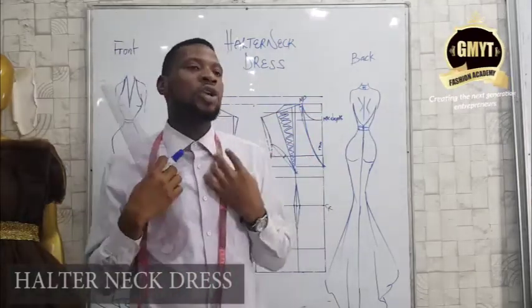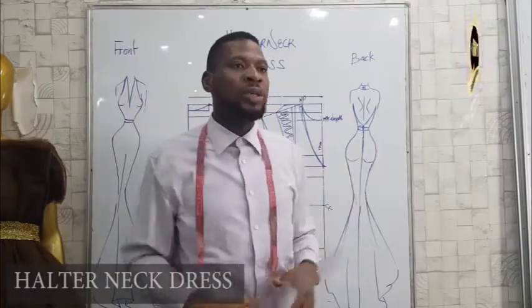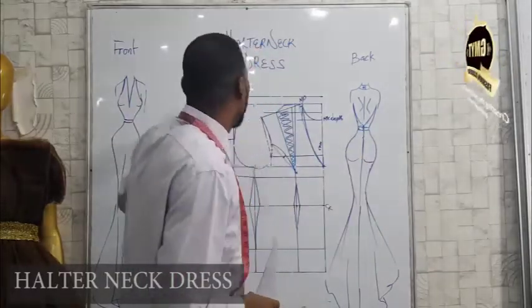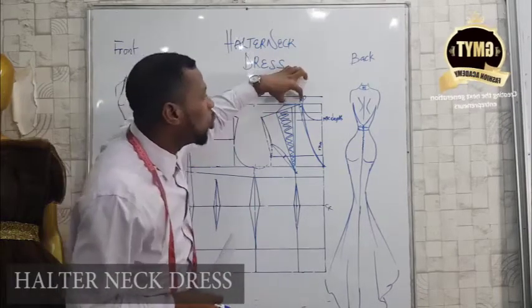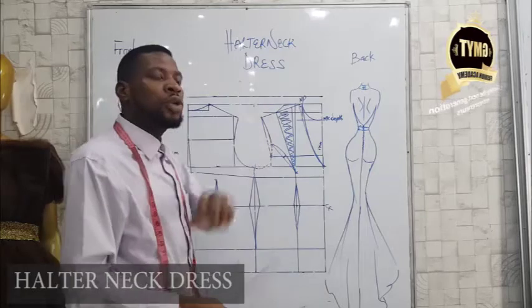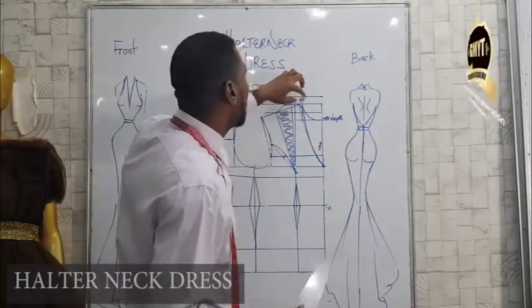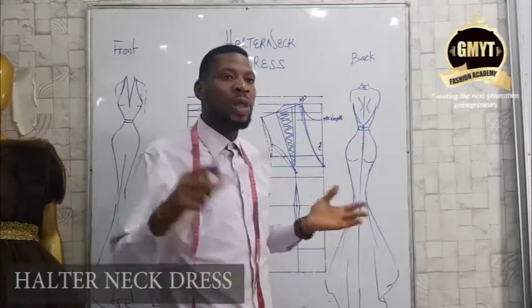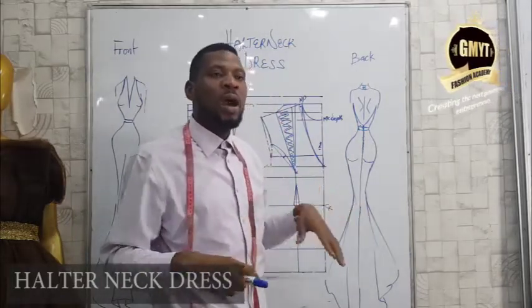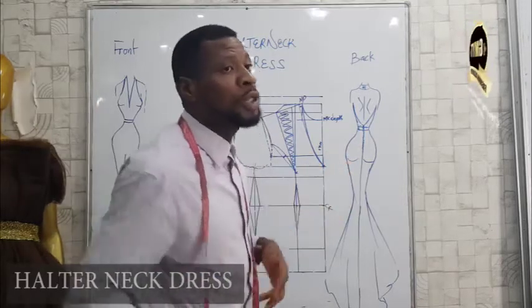Since it's coming from the main bodice and lapping at the back, we are going to link up part of the neck at the back with the one in front, having the same width of the strap. My strap can be whatever width I want it to be. It can be 5 cm, 6 cm, 7 cm. Whatever width of the strap you want is what you are going to create on the pattern.